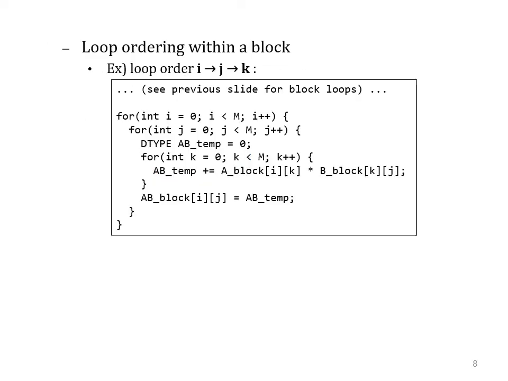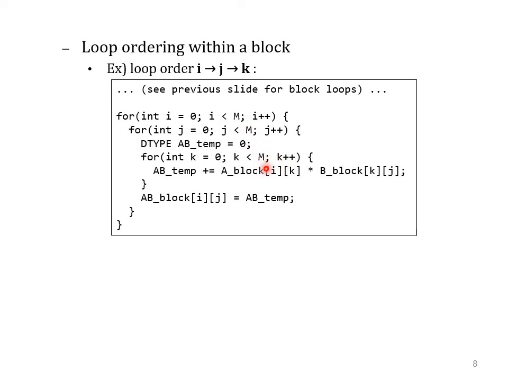So now we are inside the blocks, and the 3 block loops we saw before are somewhere here. And inside the blocks, we're going to do the element-wise computation. As before, we're going to have 3 loops, i, j, and k, and the size of the blocks is m by m by m, and that's what you see for the length of each loop.